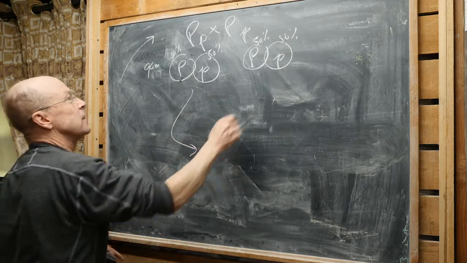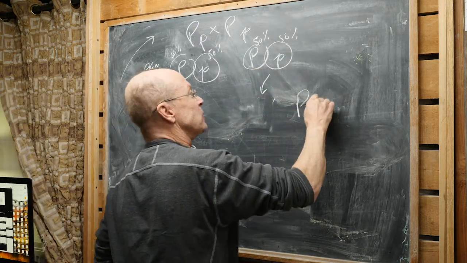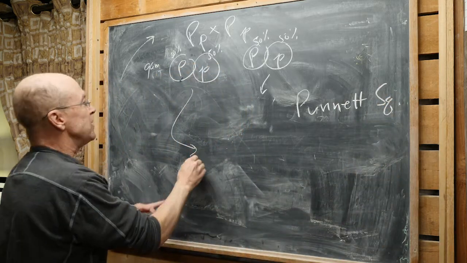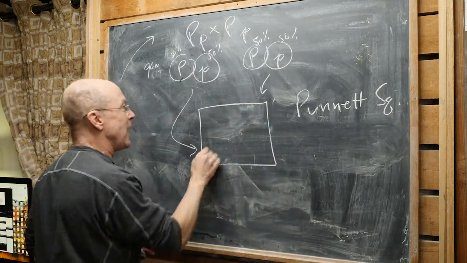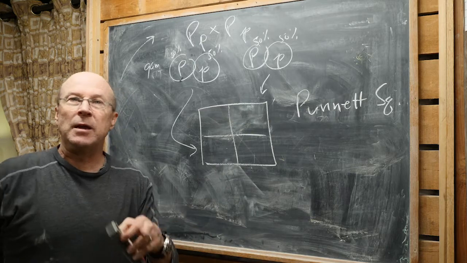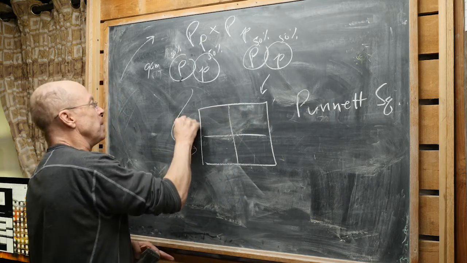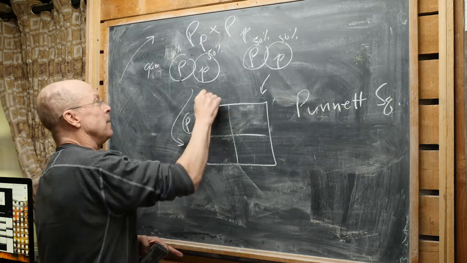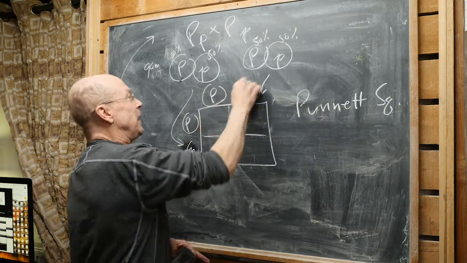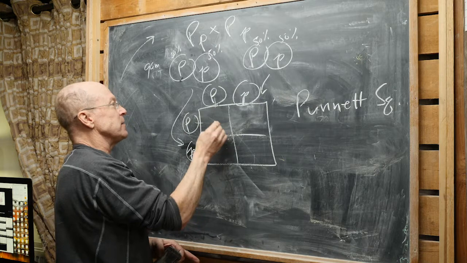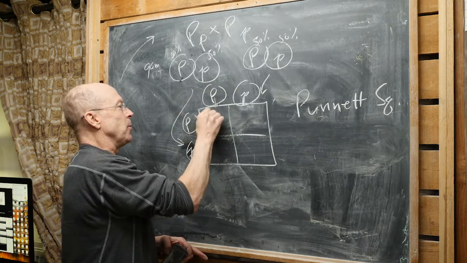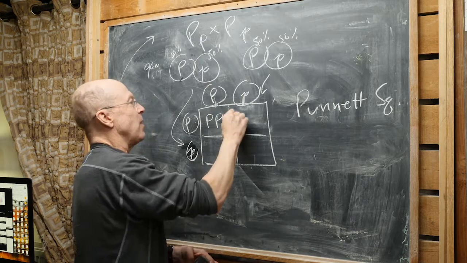We're going to create this Punnett square, which is a great tool to predict the way that all these possible gamete combinations can form. So big P, little p, big P, little p. And then we bring column and row together to produce the possible genotypes of offspring.